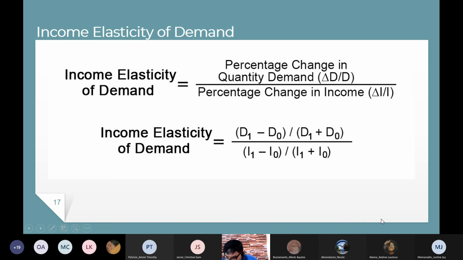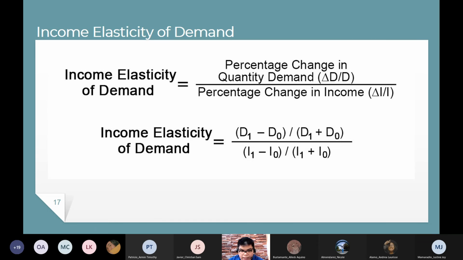And pag necessities naman, when alpha is less than 1, when income increases, expenditure on the good also increases. Again, usually nangyayari din po sa atin to. Tumataas yung income natin kahit na tumataas yung mga goods, but in a less proportionate level than the increase in income.